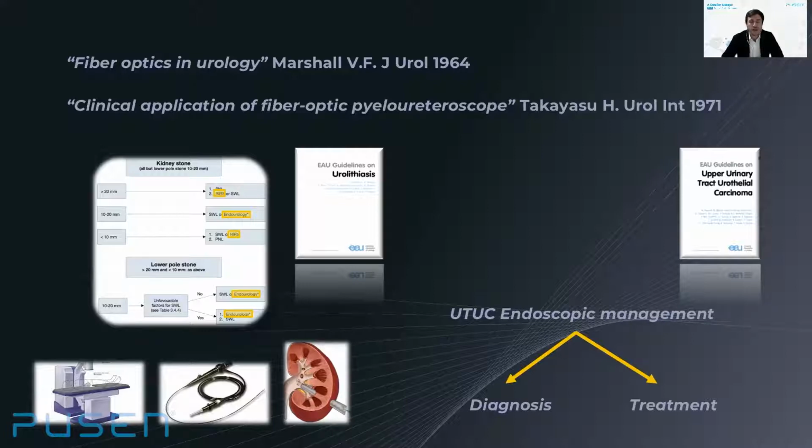That's why more than 30% of current kidney stone surgeries are performed with flexible scopes. Furthermore, there is an increasing use of these instruments for the diagnosis and treatment of upper urothelial carcinoma. So the number of procedures and indications of use are increasing constantly.